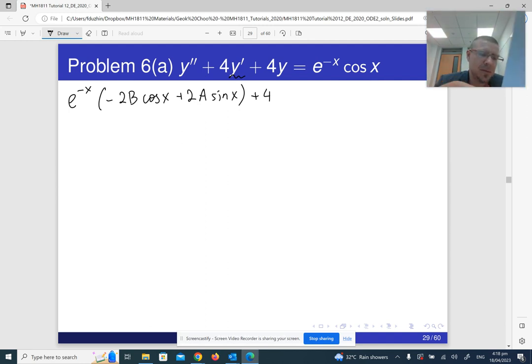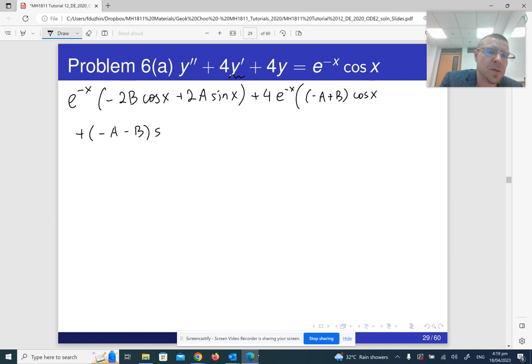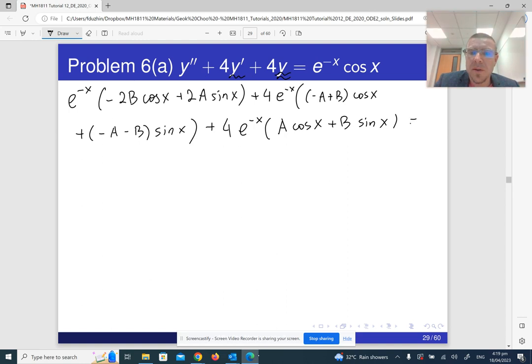And y prime is e to the minus x times minus a plus b cos x plus minus a minus b sine x. All right, so this is y prime plus 4y. Okay, so plus 4 times y, and y is e to the minus x. Yeah, it is pretty tedious. A cos x plus b sine x. This should be equal to 0.